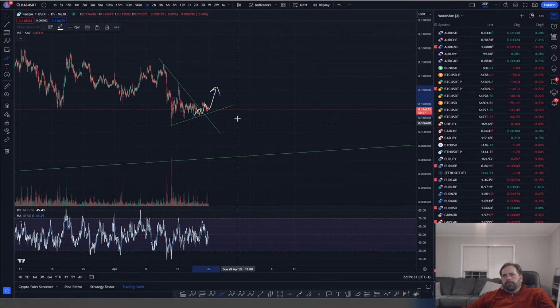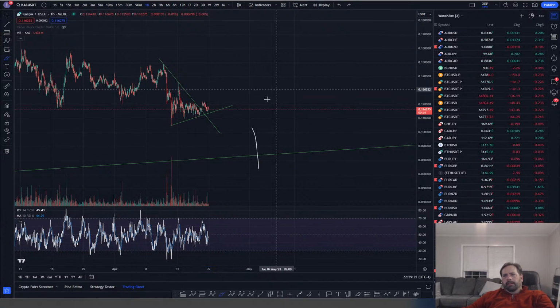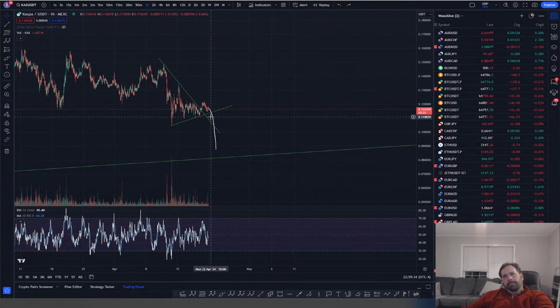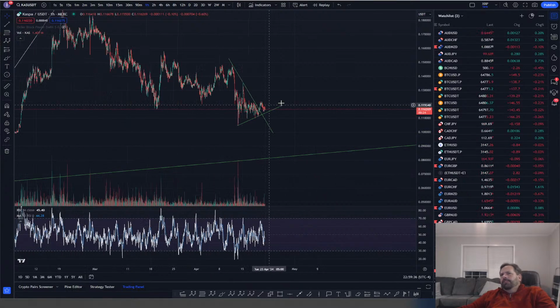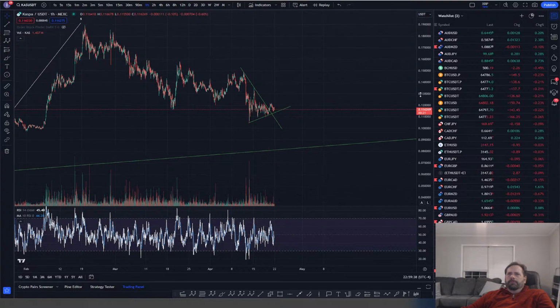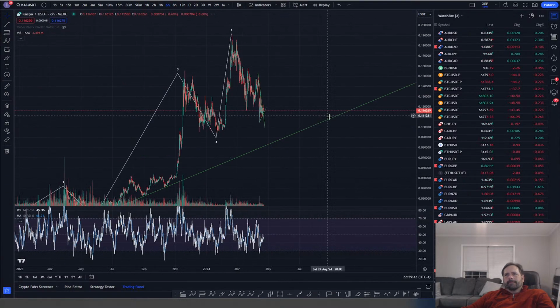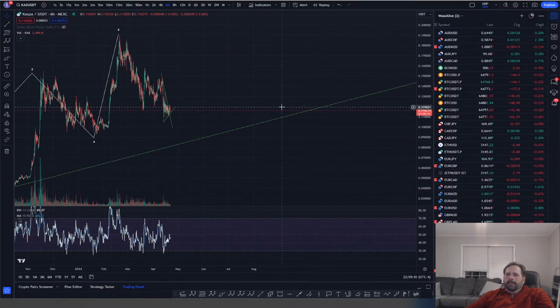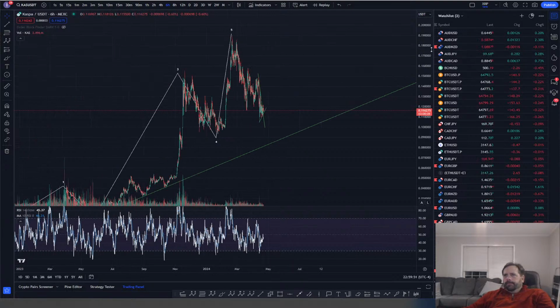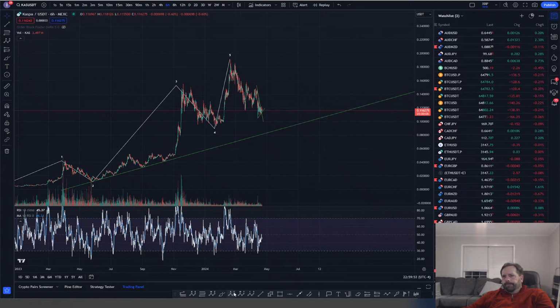So draw those trend lines on your chart and see if you get a break of this to the downside. That's going to be at least potential. But I don't know how to trade that, to be honest with you. I really don't. That's in no man's land for me, but it looks bearish for now.